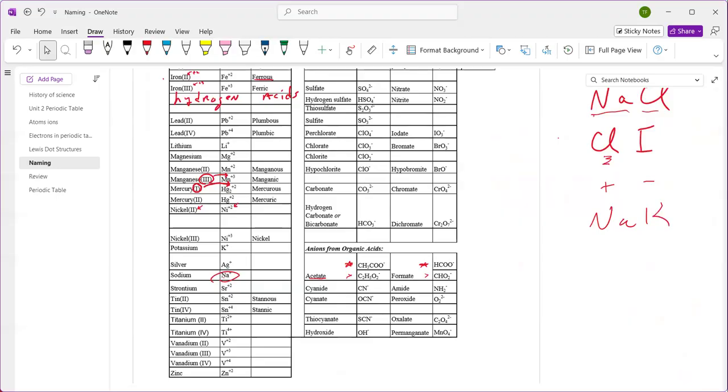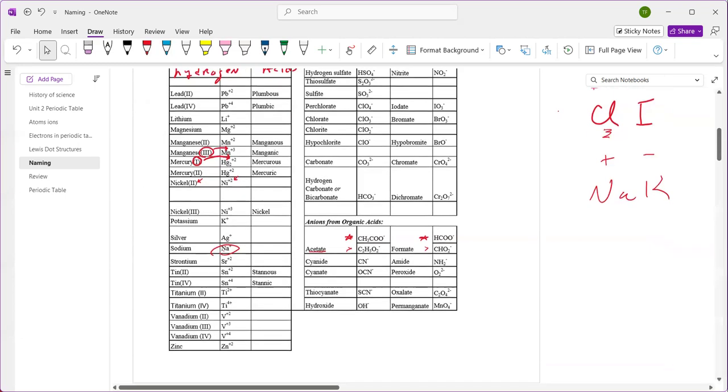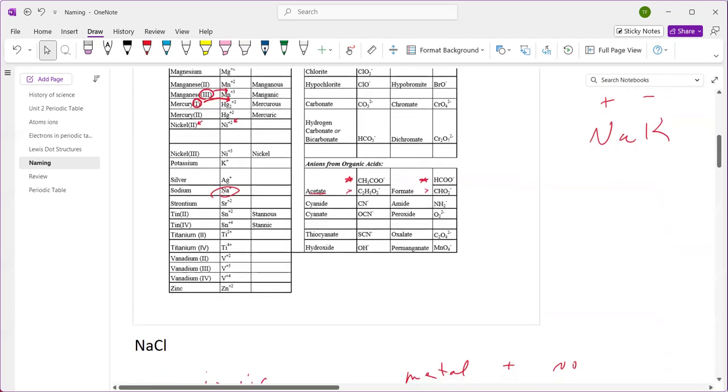There's a reason why, like iron is in two forms. Actually, it's in about 6 or 7 forms. These two are the most common. The reason it's in 6 or 7 forms is because some ions are very unstable, some are very stable. Like if we look at silver, notice silver has just one ion, Ag plus.